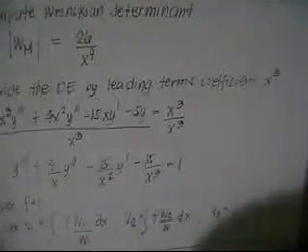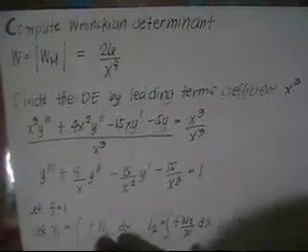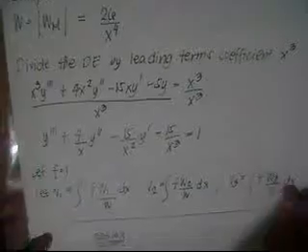Now, the Wronskian determinants w1, w2, and w3 are obtained through this. So this w1, the answer is negative cos(ln x) plus 5 sin(ln x), where w1 is the determinant of Wm with the first column replaced by 0, 0, and 1.